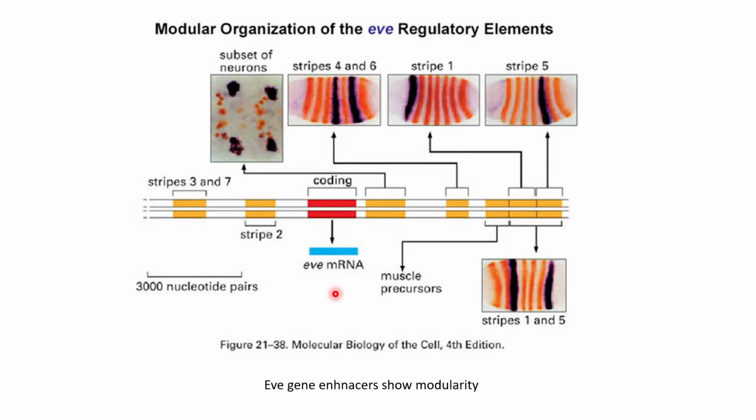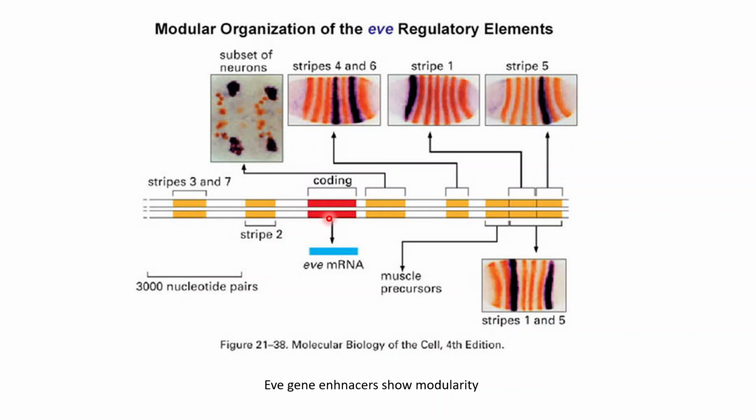So we'll go through the statements one by one. The first statement was modular enhancers in pair rule genes. So here we have the example of EVE, which is even skipped. So what do I mean by modular enhancers? The single gene coding region, which is mentioned here in reddish orange, produces the even skipped mRNA.